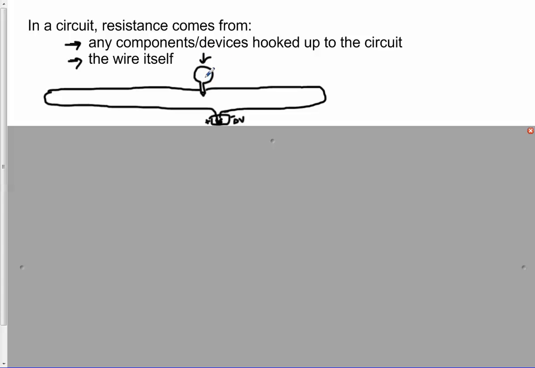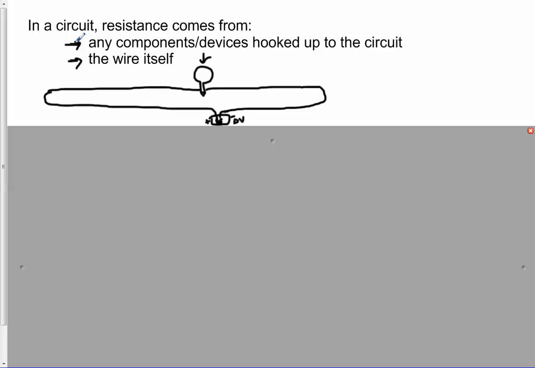The light bulb itself will create the vast majority of the resistance in this circuit. In fact, the wire comparatively will have very little resistance. The wire is a good conductor, and there is some resistance, but a lot less compared to the light bulb.